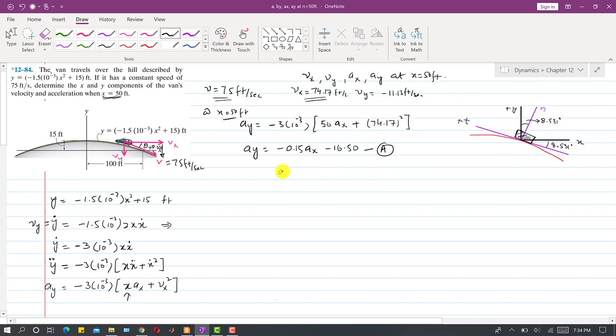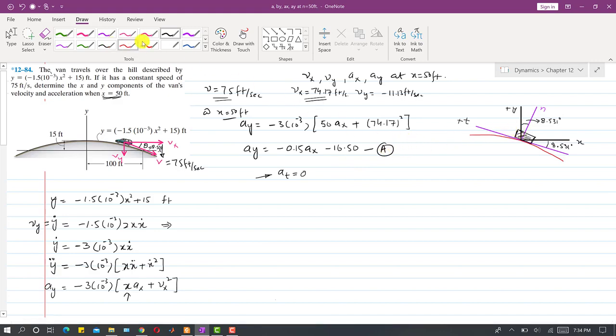The tangential acceleration for this car will be equal to 0, since the tangential velocity is constant.